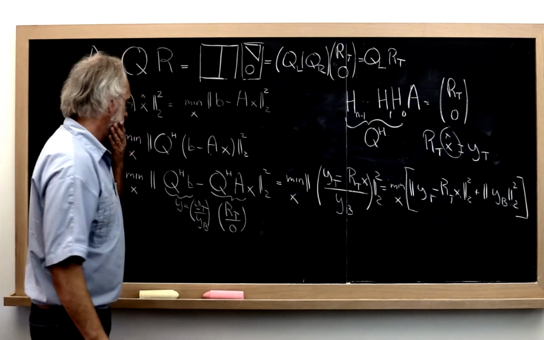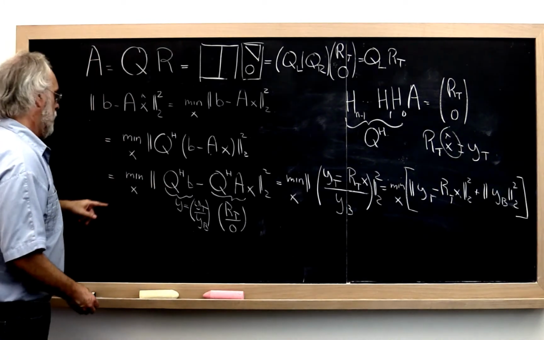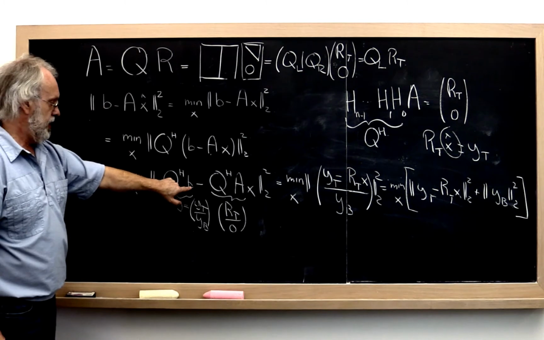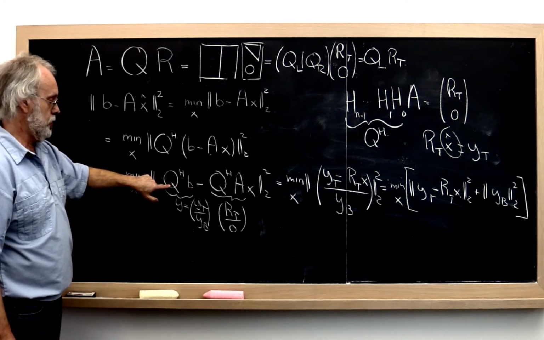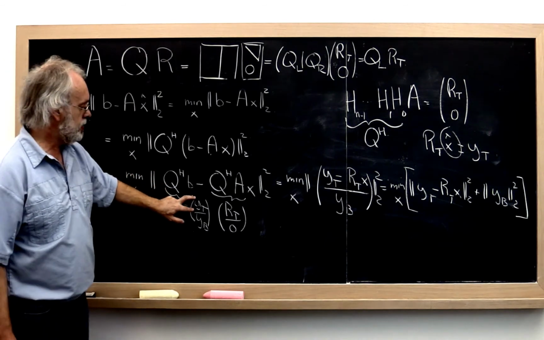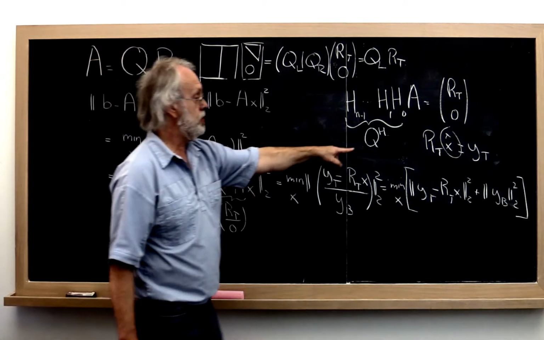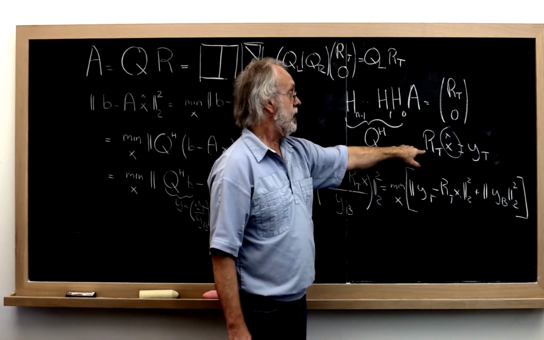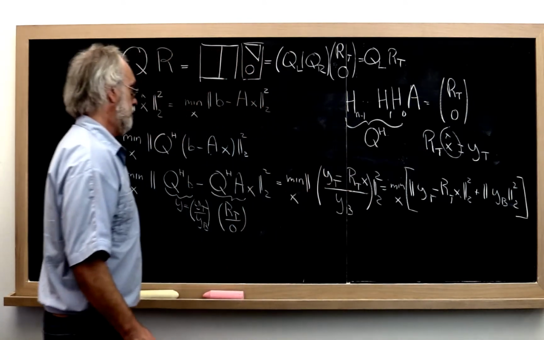Now what does that mean? What that means is that we should take our vector b and we should apply Q Hermitian transpose to it from the left. And then we should take the top part of the vector that comes out of that and use it to solve this upper triangular system. But what does that mean?